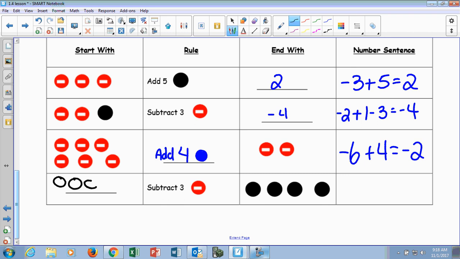If you had 7 black chips, that's 7, right? So if you add in the 3 red chips, that is 8. 7. That gives you 4, right?